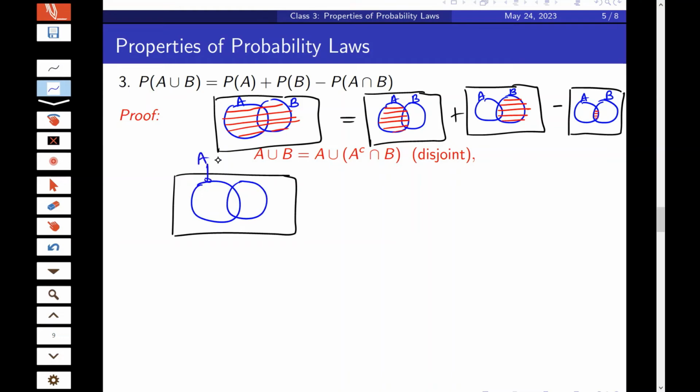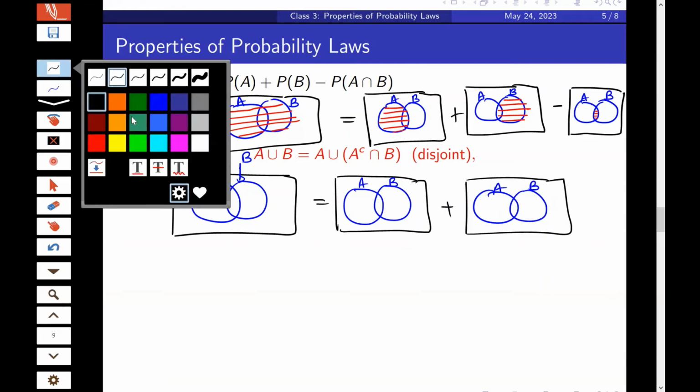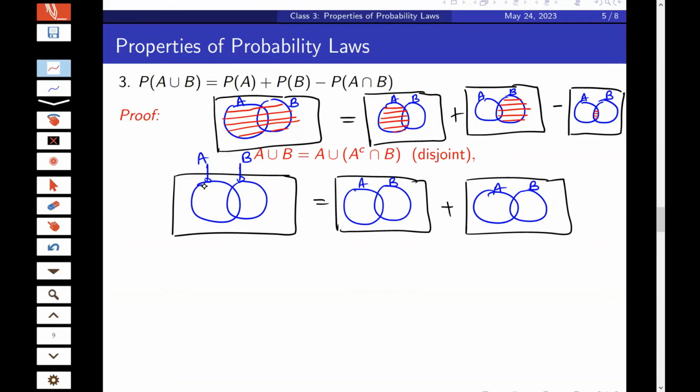So this is A and this is B. Now I'm going to shade the corresponding region. So this is A union B.